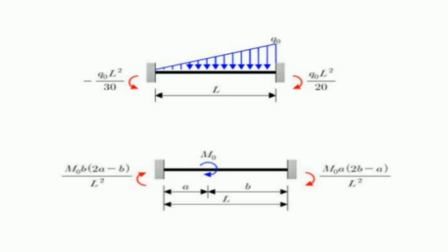The fixed end moment at the left hand side is equal to M naught B into 2A minus B divided by L square. At the right hand side it is equal to M naught A into 2B minus A divided by L square.